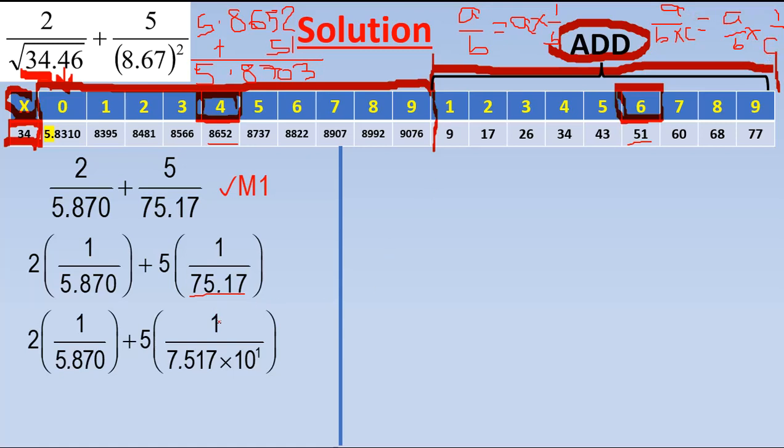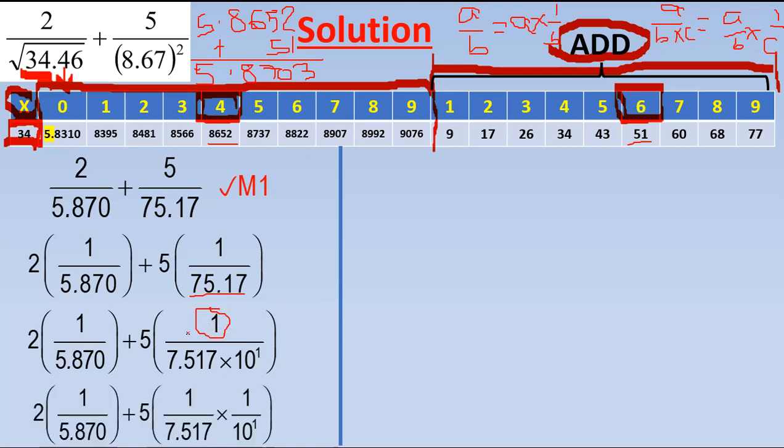And the goodness is that we have 1, so this 1 can be shared among the 2 and will not affect the value. So we rewrite this as 2 multiplied by the reciprocal of 5.870 plus 5 into 1 over 7.517 times 1 over 10 raised to power 1.